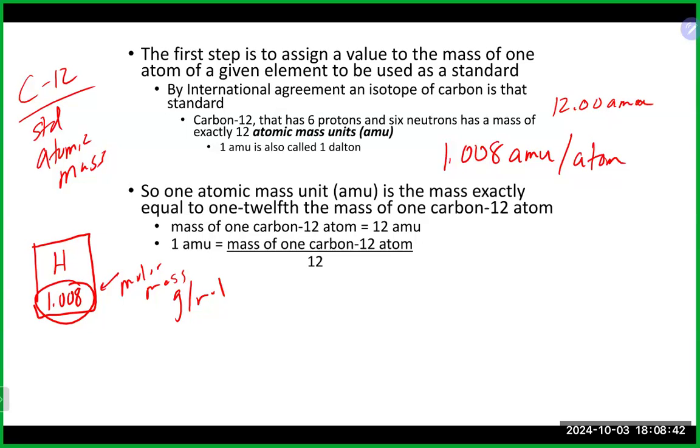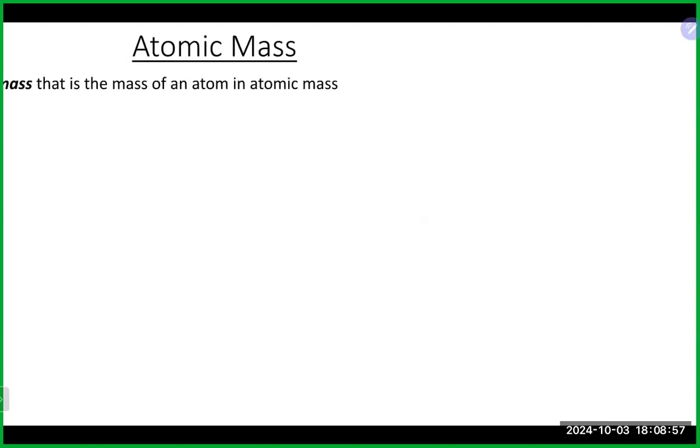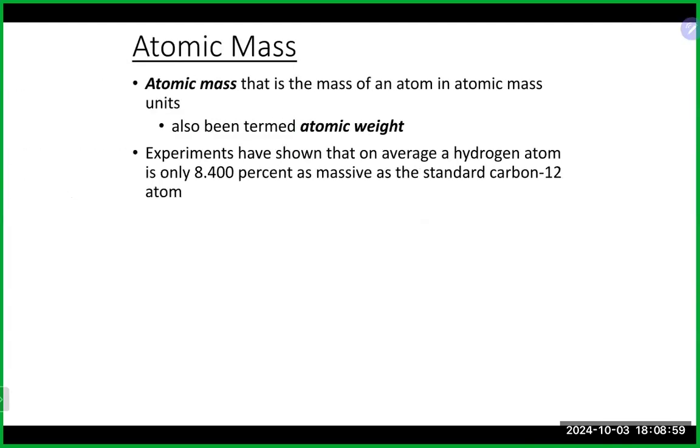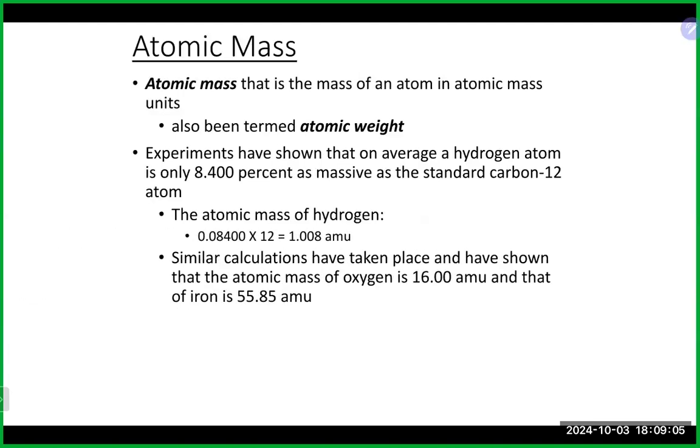An AMU is also called a Dalton, if you find it in a really old book where somebody still uses that terminology. But one AMU is exactly 1/12 the mass of a carbon-12 atom. So what they essentially did was compare the magnitude of every other element to the carbon-12 isotope.